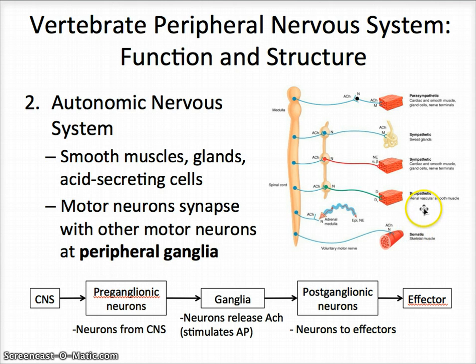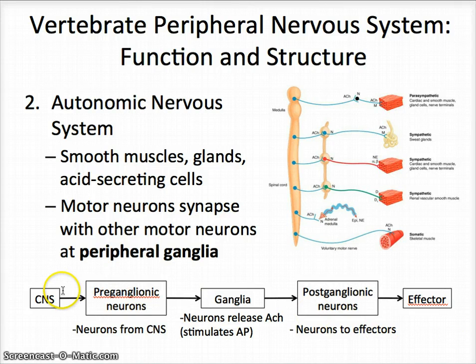But what you'll notice in the other diagrams above is that we're seeing shorter nerves connecting to different nerves and then innervating those effector muscles. And this is the big difference between the somatic and the autonomic nervous system.